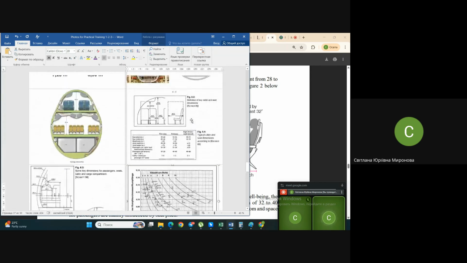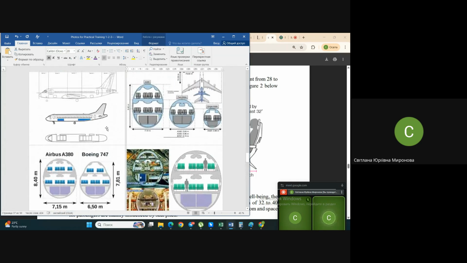And moreover, for considerations of aerodynamics, do pay attention. The airplane fuselage should have some streamlined nose, and it should have some streamlined aft, nearing the end. And typically you see that the airplane bottom line is deviated up. What is it for?